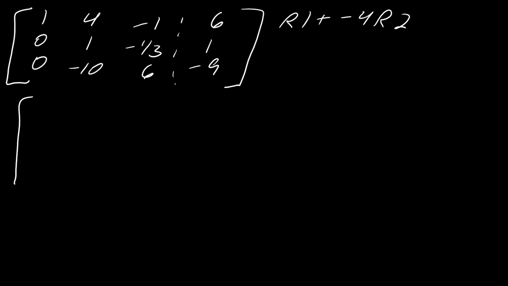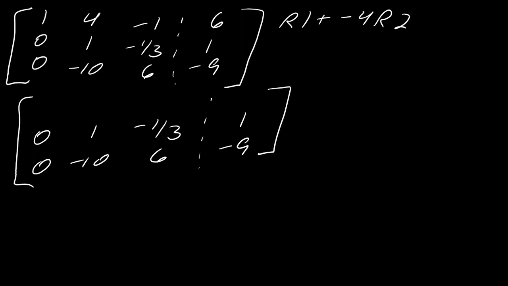Let me just write the middle row and the last row. Sometimes I like to write those out since they're not going to change. This is still a 1. This is a 0. This will be +1/3 and 2.